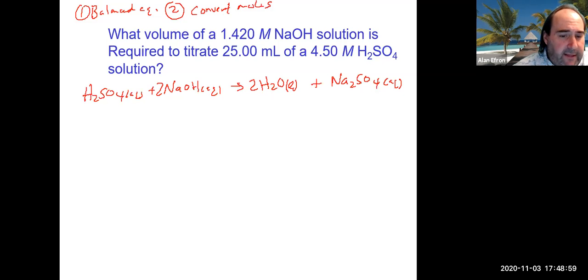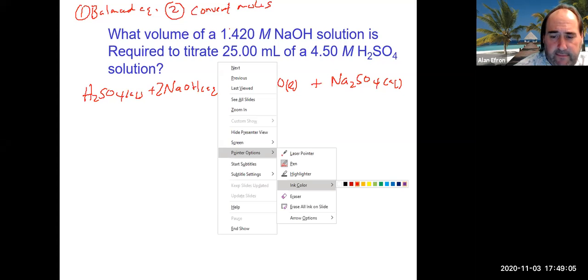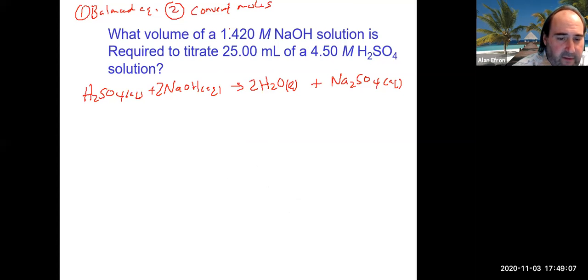So if we think about the information given to us in this problem, we have the molarity of sodium hydroxide. We also have the volume of sulfuric acid, and we have the molarity of sulfuric acid.